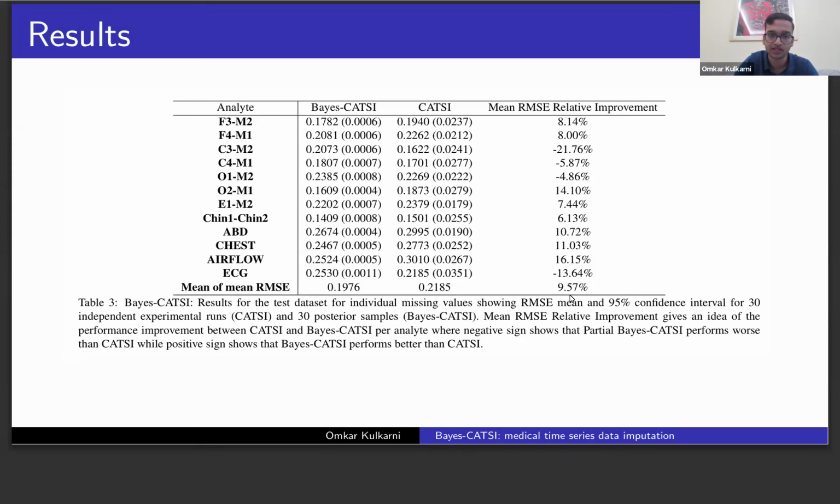We also see that the standard deviations for Bayes-CATSI and partial Bayes-CATSI are low. This shows that the uncertainty in the predictions of partial Bayes-CATSI and Bayes-CATSI is very low compared to CATSI.